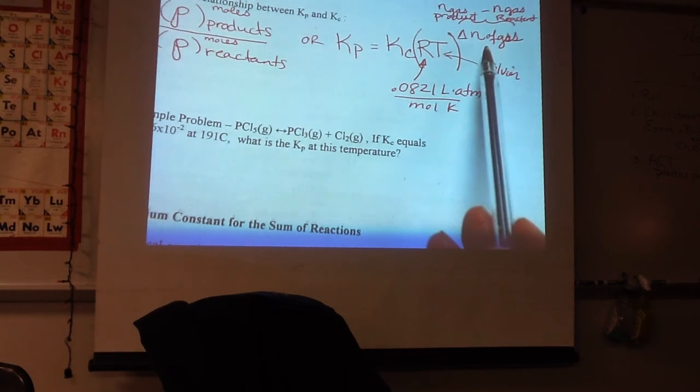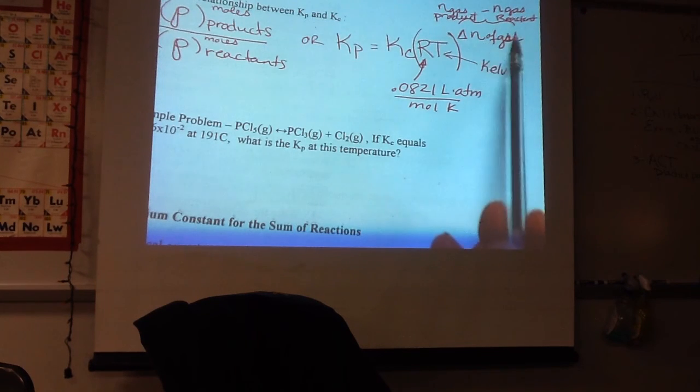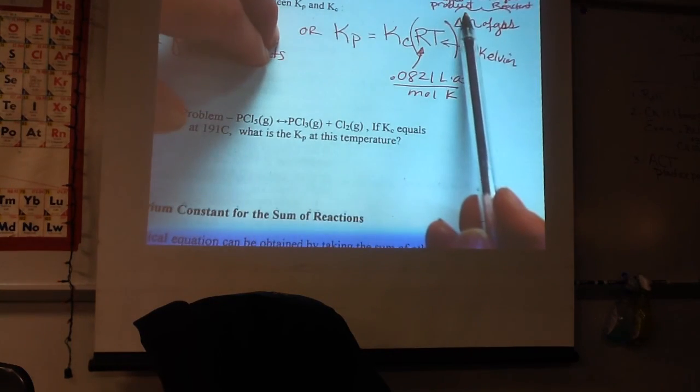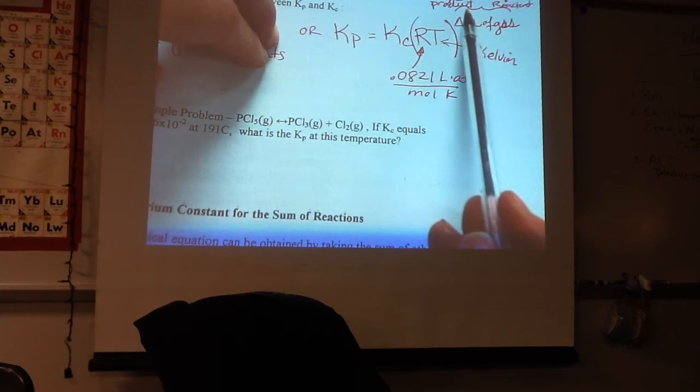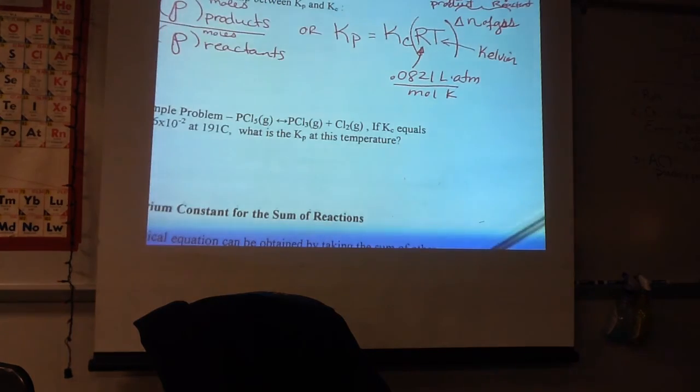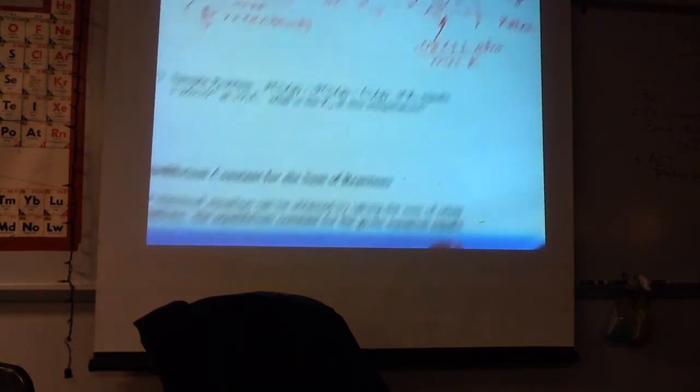Often this will come up on an AP multiple choice question. And they'll try to get you by thinking, not by trying to make sure you know it's only gas changes that we're looking at, not total moles of product minus reactant. It's only gaseous moles, okay? And I've given you a couple of those in your work to look at this evening, okay?